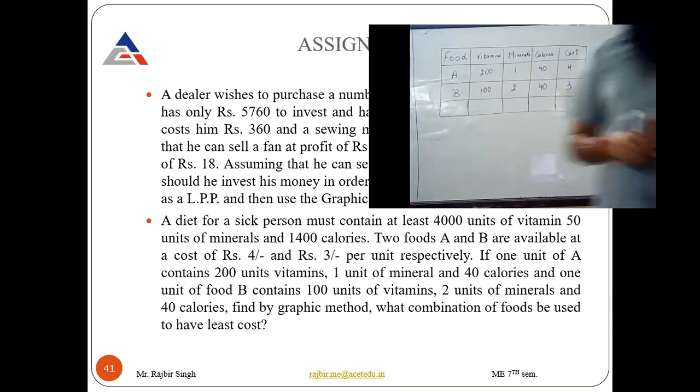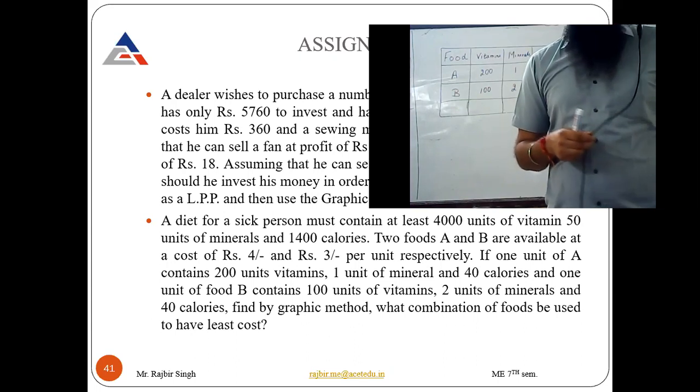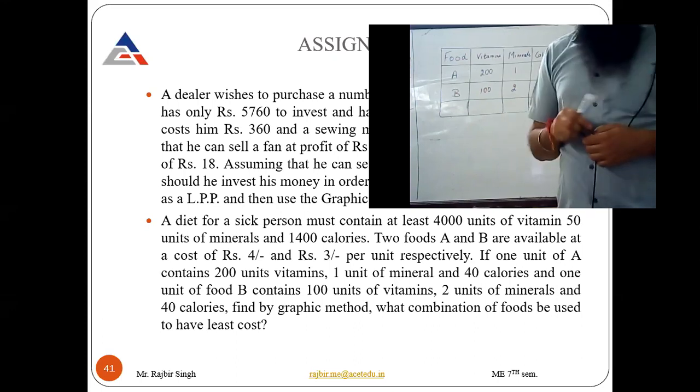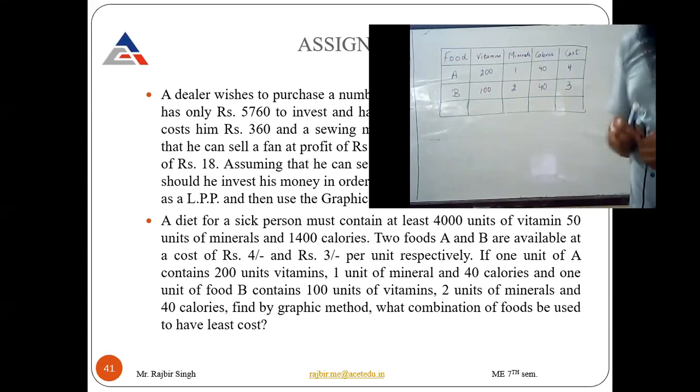A diet for a sick person must contain at least 4,000 units of vitamins, 50 units of minerals and 1400 calories.